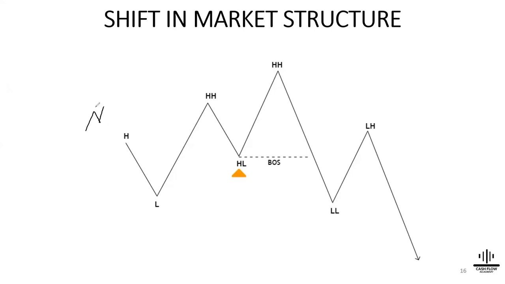Instead, it should continue to break the high. Markets should keep breaking the highs that are formed. As long as the highs are broken, it is a bullish trend. But the moment that the low, which was formed after a high was broken, once it gets broken, it is called shift in market structure, because that is not supposed to happen. That breaks the rule of a bullish trend. So therefore, it changes from bullish to bearish.